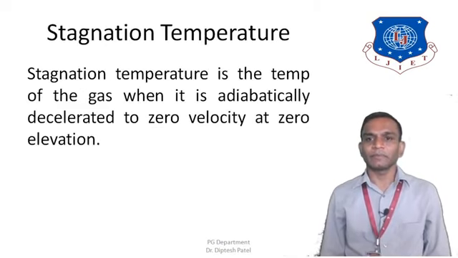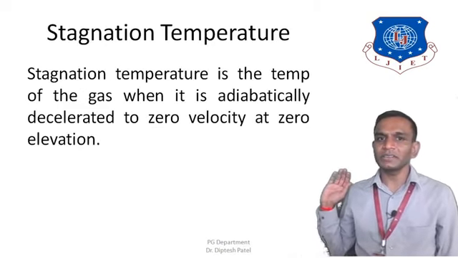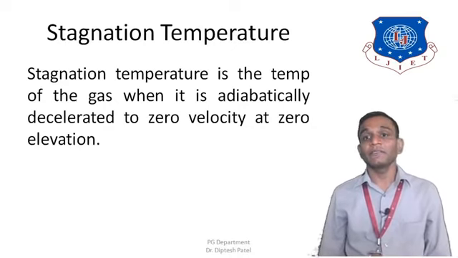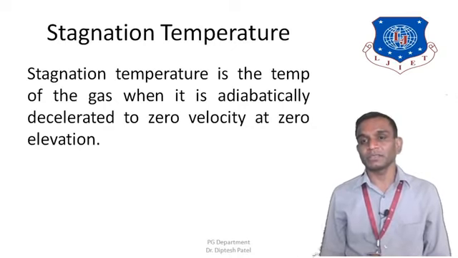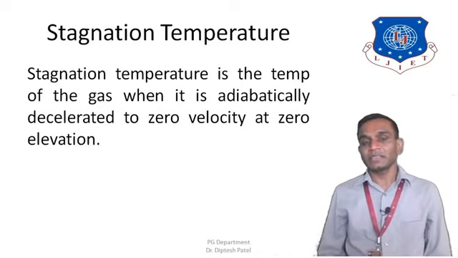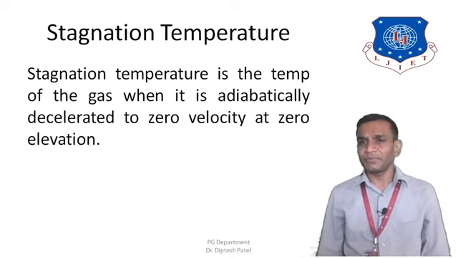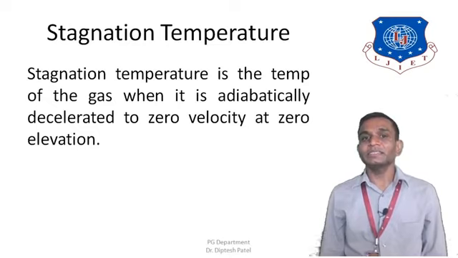So, let's start with the stagnation temperature that you can see in the slide. First of all, what is the stagnation temperature? Stagnation temperature is the temperature when the gas which is flowing in the line, considered as a fluid, is adiabatically decelerated to zero velocity at zero elevation.